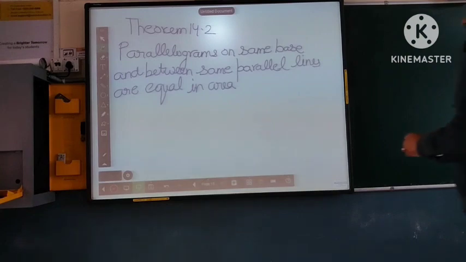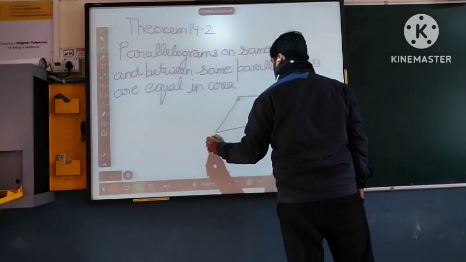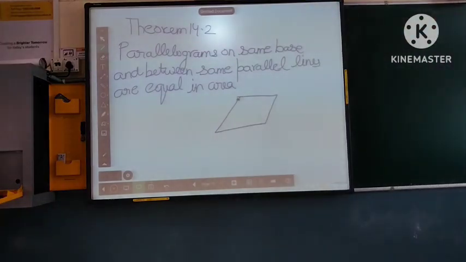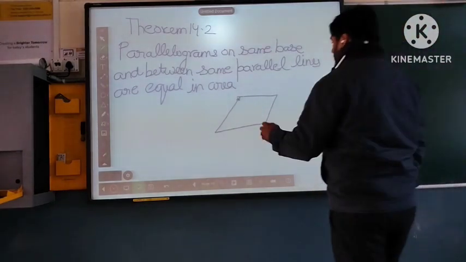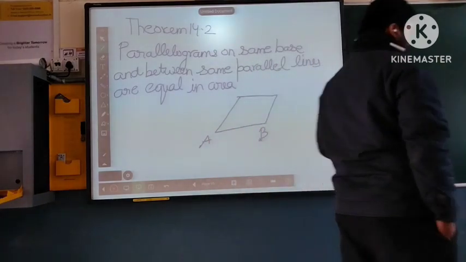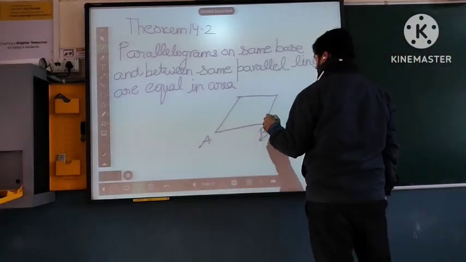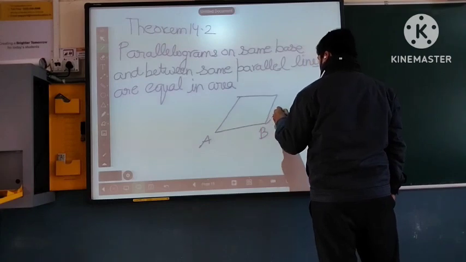Now I am drawing and showing you how these are there. Let me draw a parallelogram. This is our first parallelogram. Then I will draw the second parallelogram having the same base, A, B, and I'll do the second parallelogram also.